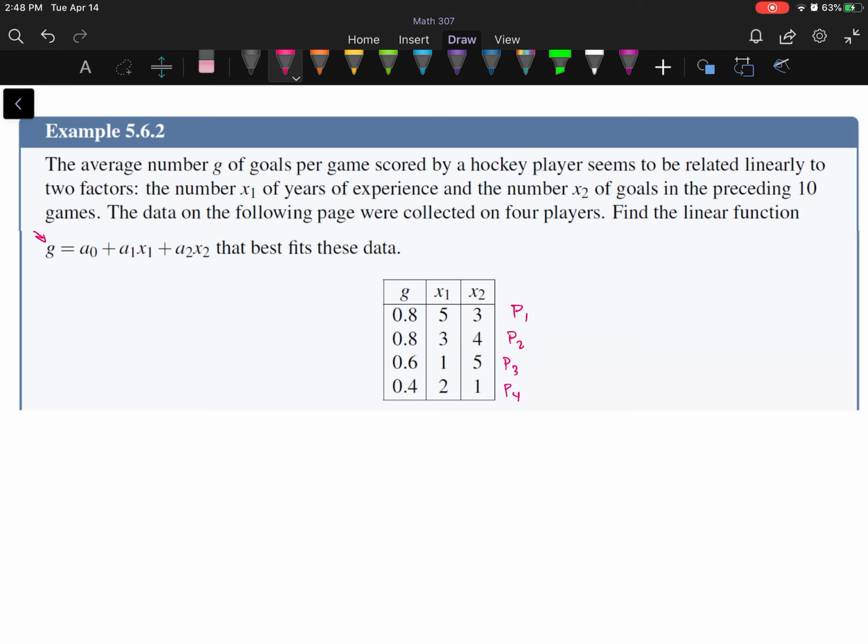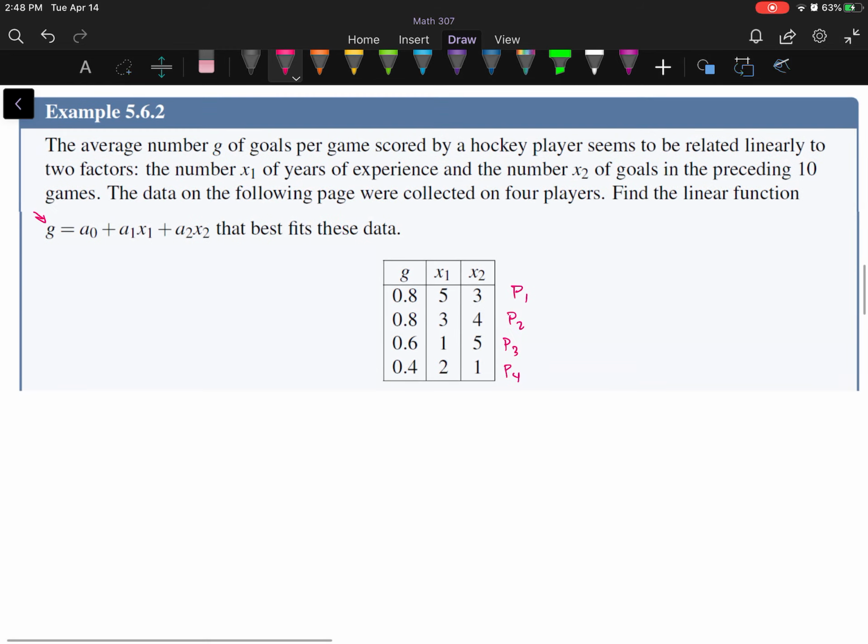And in order to find this mystery linear function, the easiest way for me to think through this is to actually set up equations plugging in each of these numbers for each player.